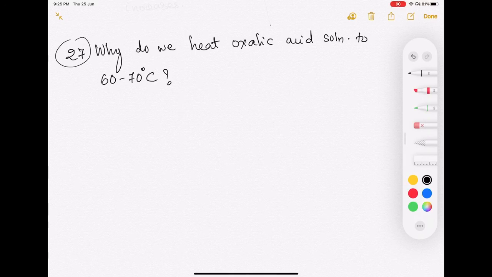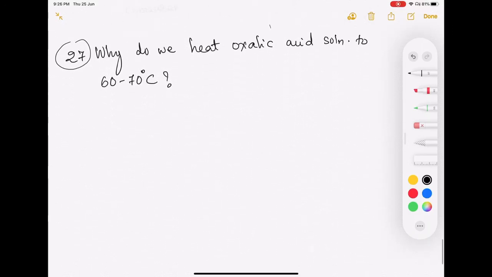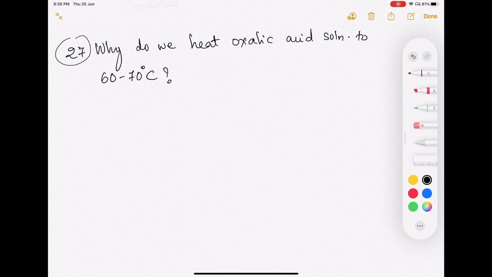We know this question is coming from your grade 12, but still for grade 11 students also it is important, because VIVA questions are all based on the same concept, that is your redox chemistry and titration. So you can expect questions.